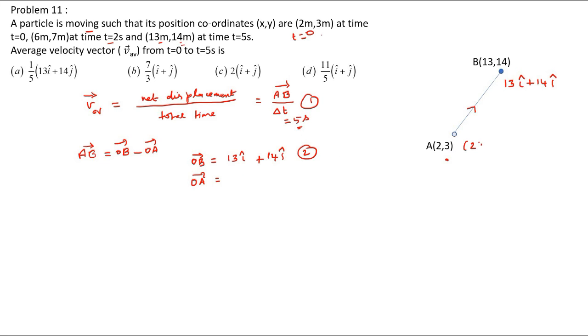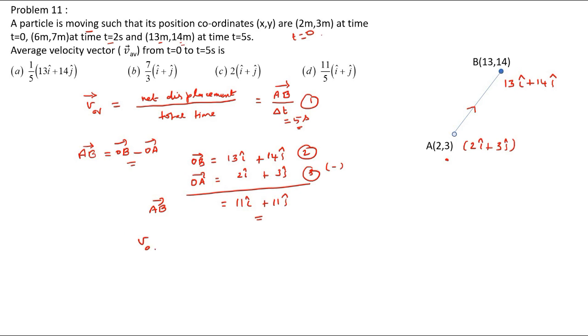This is 2i plus 3j. We want to find OB minus OA. That is the displacement vector, so subtract. This is the displacement vector AB. You have to subtract, no? So it is 11i plus 11j.